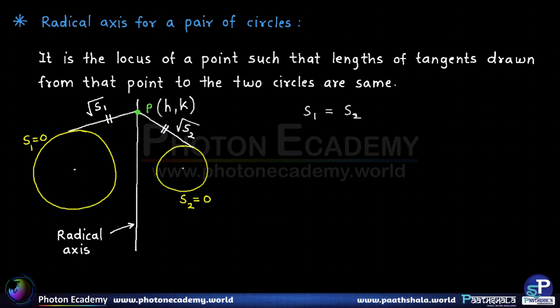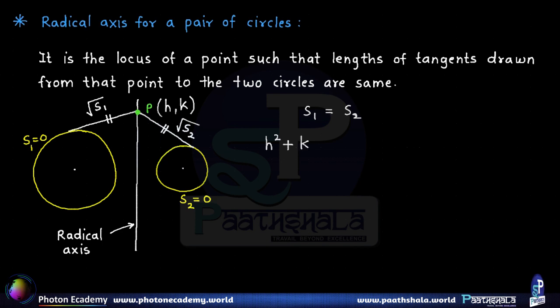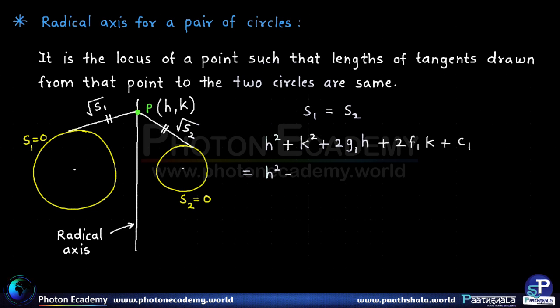So in the expressions of the circles we substitute the point h comma k and we will get the locus. Here we have h square plus k square plus 2 g1 h plus 2 f1 k plus c1 is equal to, for the second circle, h square plus k square plus 2 g2 h plus 2 f2 k plus c2.